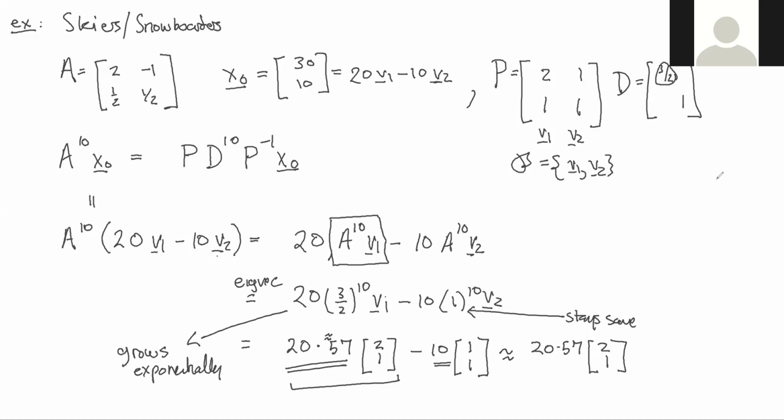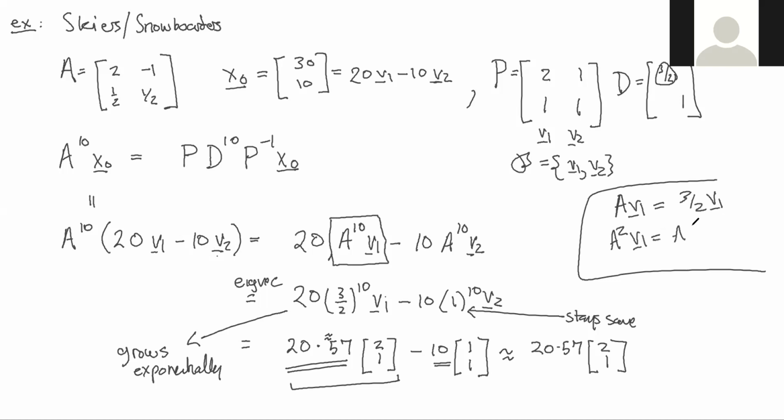A times V1 is just 3/2 times V1, right? A squared times V1 is A times 3/2 times V1, which is 3/2 squared. So in general, applying A k times to an eigenvector will raise the eigenvalue to the k. Okay, thank you.